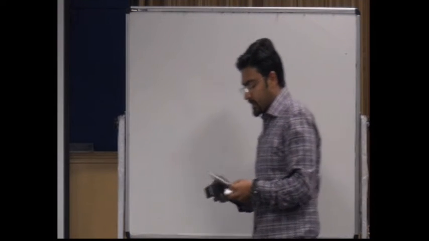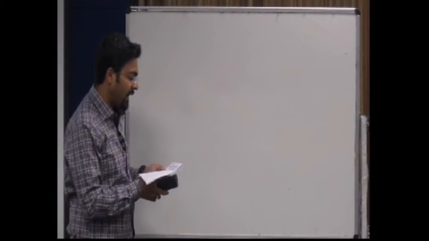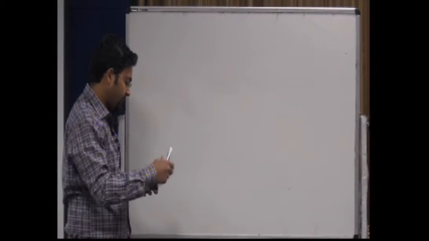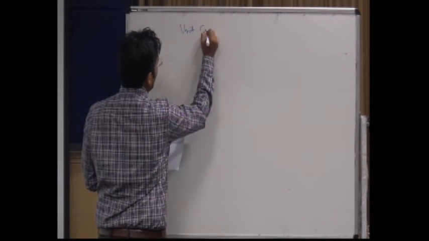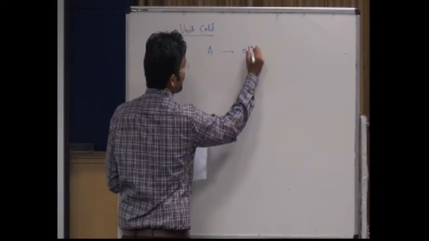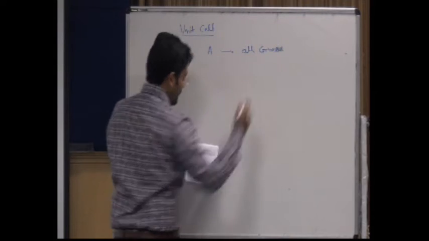The question says that in a unit cell, atoms A are present at all corners of the lattice. So I have a unit cell, and in that unit cell there are A atoms present at all corners. Right.